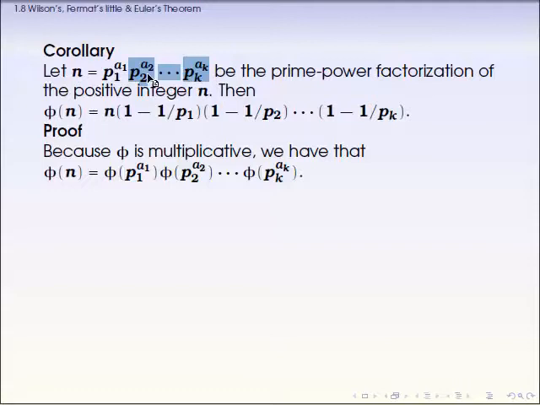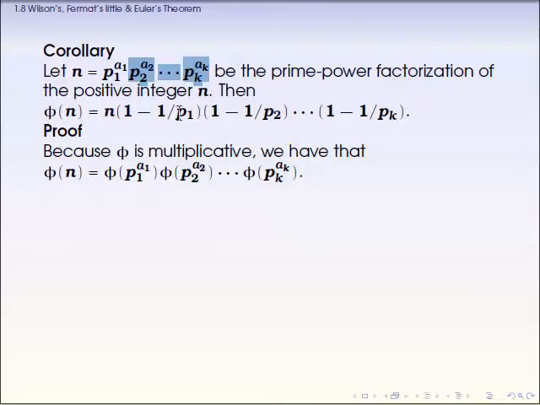So there shouldn't be any same primes in there, which means any powers of two different prime numbers are relatively prime, right? So if we use the previous theorem, we can separate this phi of n into phi of p1 to the a1 times phi of the remaining part of it.